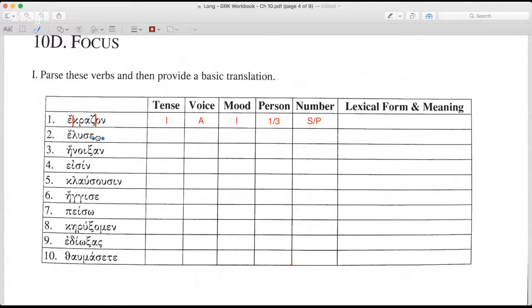Well, technically, the ending is what would be here. The epsilon is the movable nu. For parsing, as long as you know what you're looking at, you don't need to mark that down. But yes, as you noted, this is an aorist.